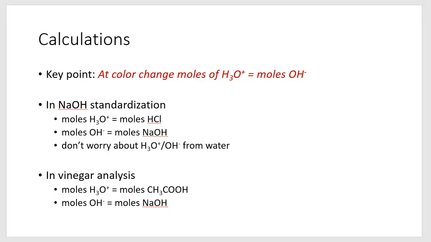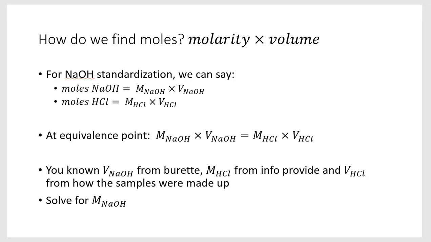In the second part, for the vinegar analysis, we can say the moles of acetic acid, CH3COOH, are equal to the moles of sodium hydroxide. So how are we going to find the moles? Well, the moles of NaOH are equal to the molarity of NaOH times the volume of NaOH. Normally we'd say the volume should be in liters if we want moles, but it turns out we can use milliliters in these calculations.